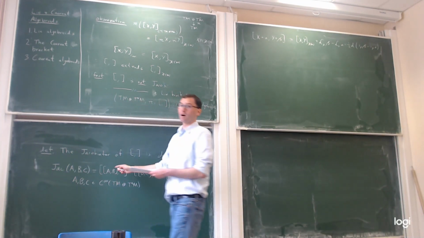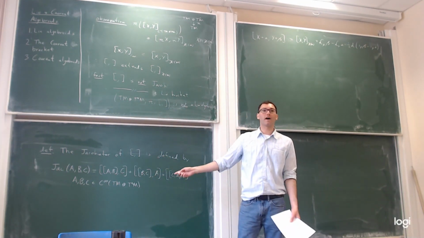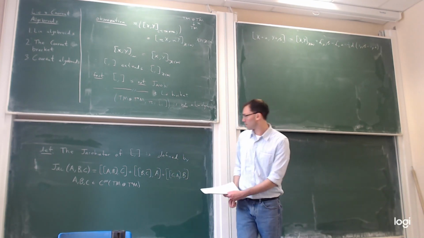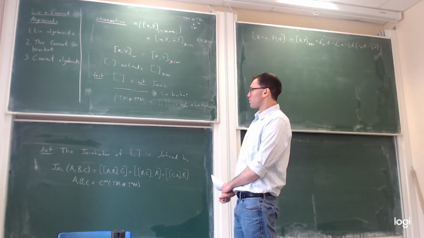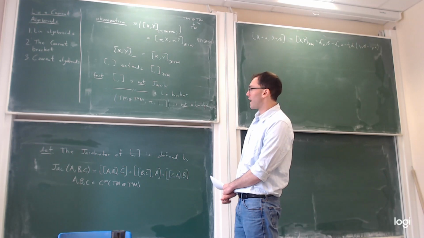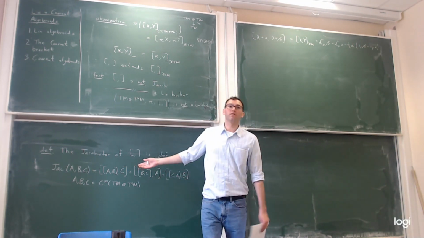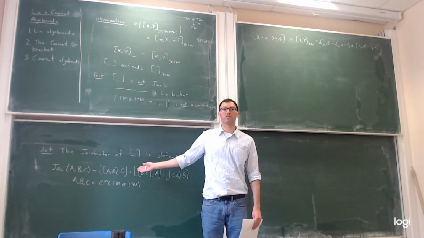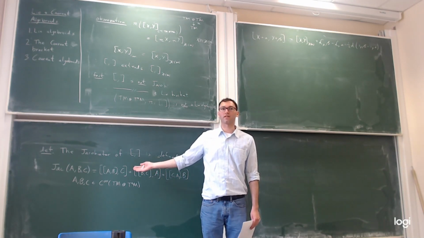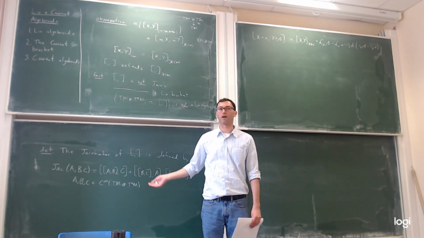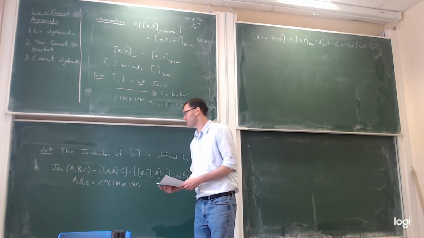That is, A, B, and C are all of the form x plus alpha. So in the case where we have a Lie bracket, the Jacobiator is 0. This Jacobiator is measuring the extent to which our bracket, our Courant bracket in this case, does not satisfy the Jacobi property.